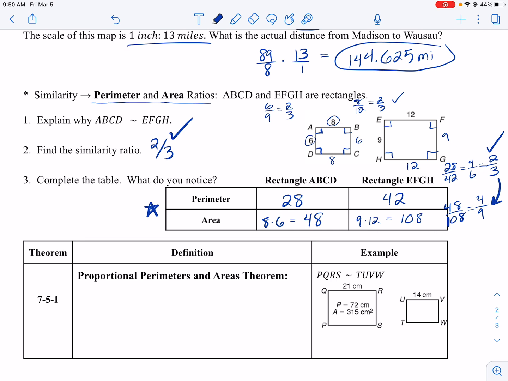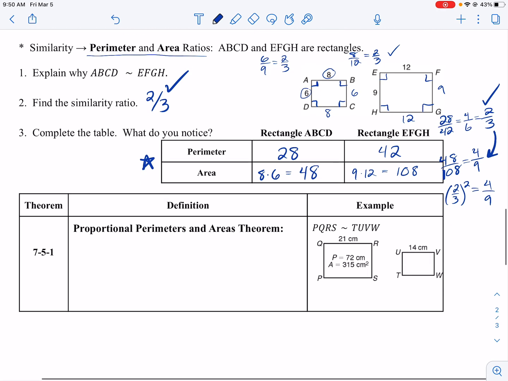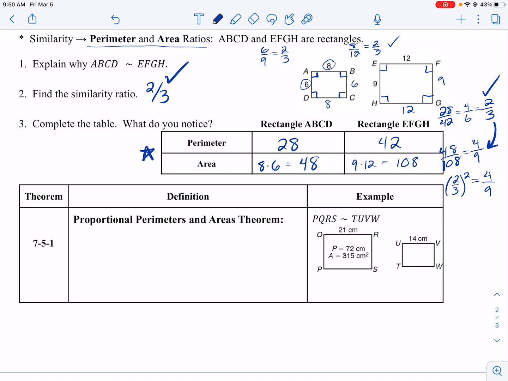It's just the similarity ratio squared. 2/3 squared gets you 4/9. So if you ever want to scale up the area, and you know the area of the smaller or the larger rectangle, you can just use that similarity ratio squared and find the area that's missing. Let's state those theorems down below here.